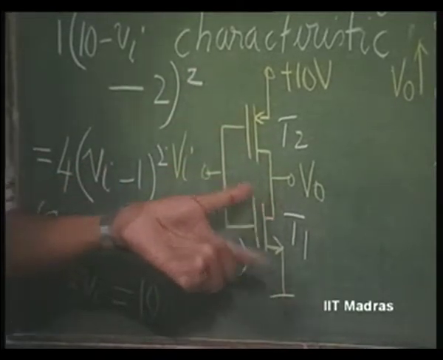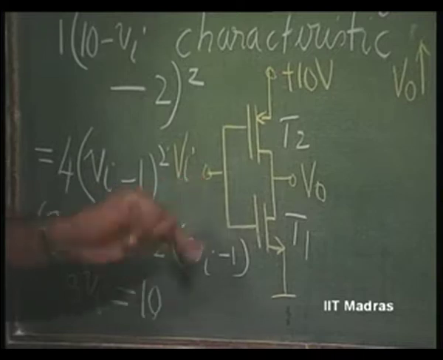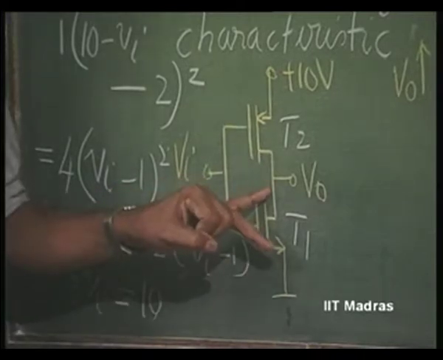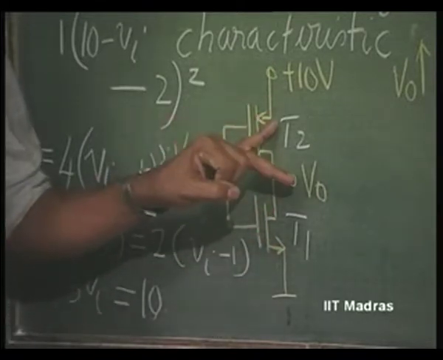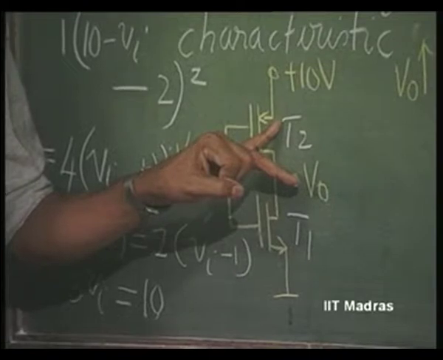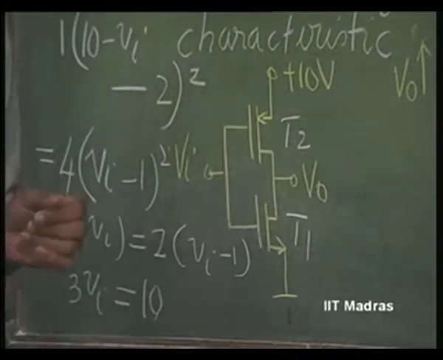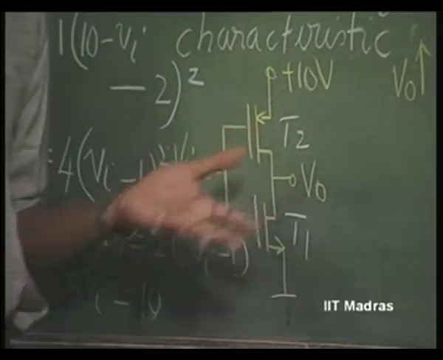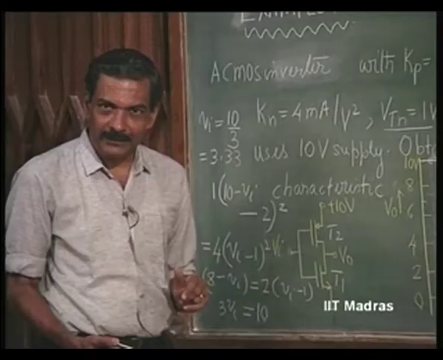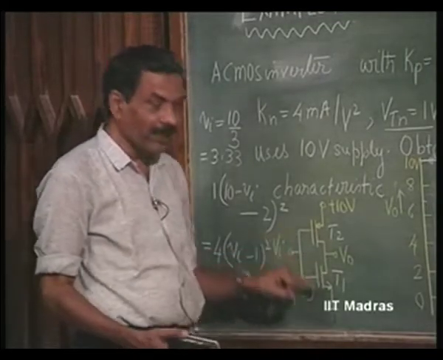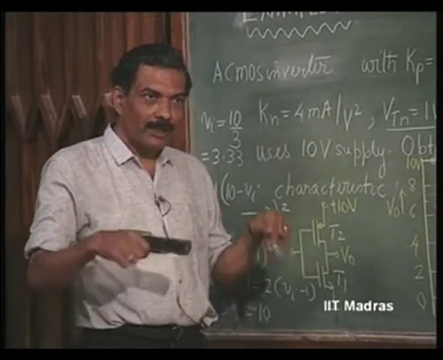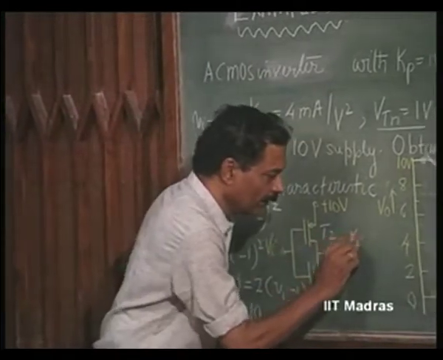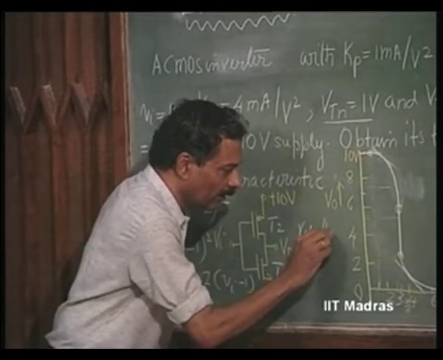This is going to be replaced by a current source Gm into Vi, and this also by another current source Gm into Vi. As far as signal is concerned, whether you use NMOS or PMOS does not make any difference. These two work in parallel onto the same load, which is RDS1 parallel RDS2.